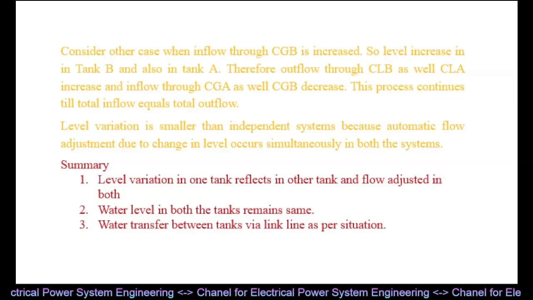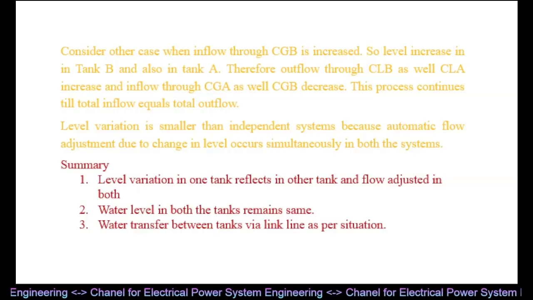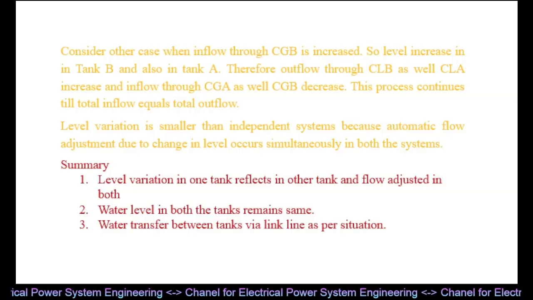Level variation is smaller than in independent systems because automatic flow adjustment due to change in level occurs simultaneously in both the systems.